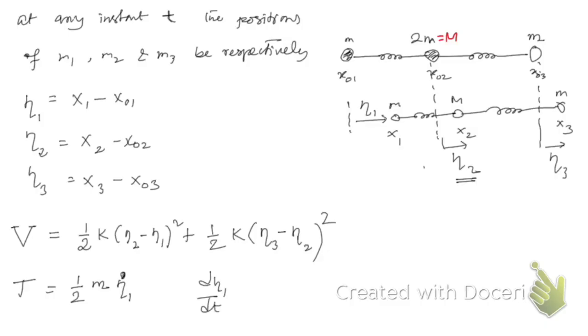Instead of writing it this way, I have written eta1 dot. Similarly, for the second object, we can write m eta2 dot. Here the mass I am taking as capital M, and for the third sphere, half m eta3 dot, right? Sorry, I forgot to write the square. Actually velocity square, half mv square, right?